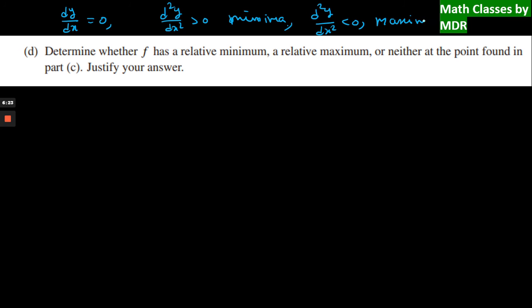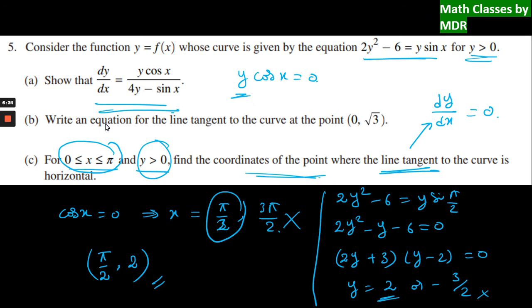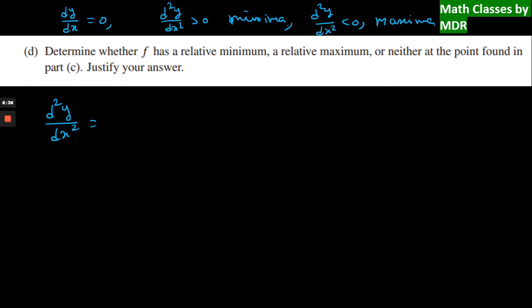So let's check this d square y by dx square. Taking d square y by dx square from dy by dx, I'm taking here dy by dx is y cos x by 4y minus sin x, right? Now let's do this. First differentiate the numerator.